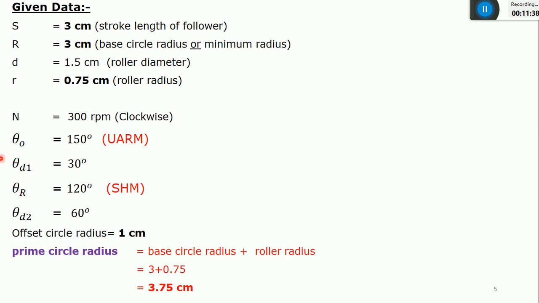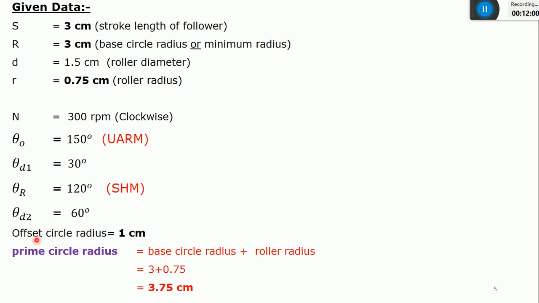And the first dwell angle is 30 degree. After that, the follower will come down for the next 120 degree of cam rotation, denoted as theta r, with simple harmonic motion, and dwell for the remaining period. It means 360 minus the summation of all these three angles. I'll get theta d2 as 60.